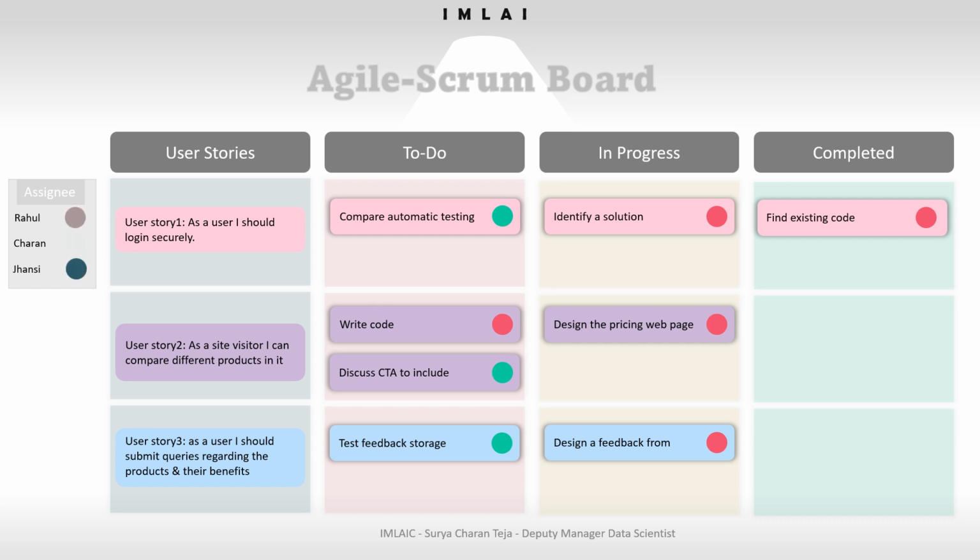Then we have one more assignee, that is Jancy. She is a deployer. She's from ops team. So now what all tasks are assigned to her? First one is release a fix. So she hasn't started, that's why it is in to do. But update or rewrite a script, this is another task from user story one.